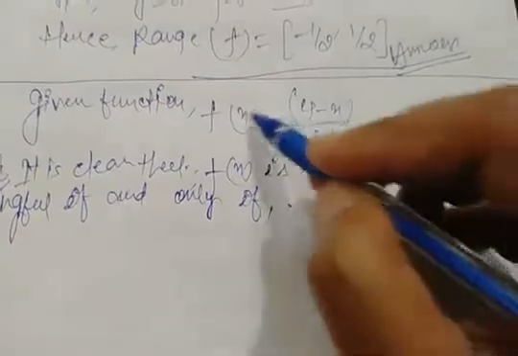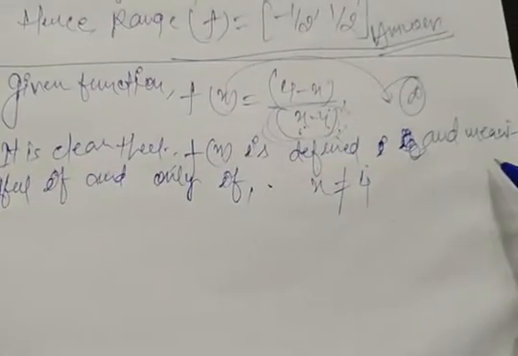When the denominator becomes 0, then the whole function is not defined.